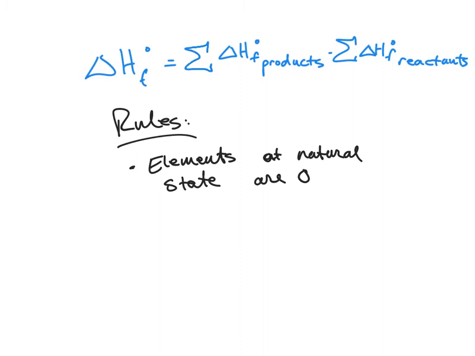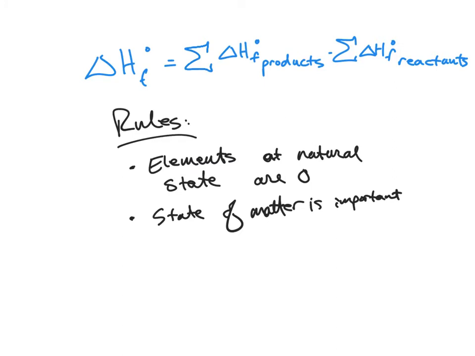Okay? State of matter is important. If you look back at that table, the energy required to form liquid water is different than the energy required to form water vapor.